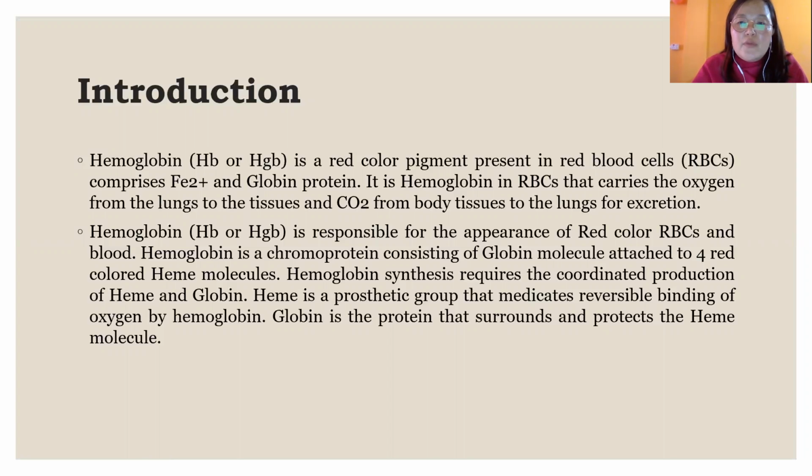Hemoglobin is also responsible for giving color to an RBC, and it has 4 heme molecules attached to each globin part. So hemoglobin plays a very important role. If somebody has very low or very high hemoglobin concentration, there are pathological consequences.